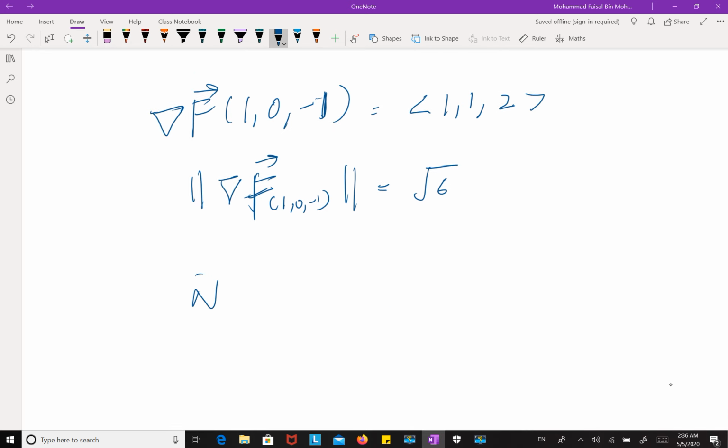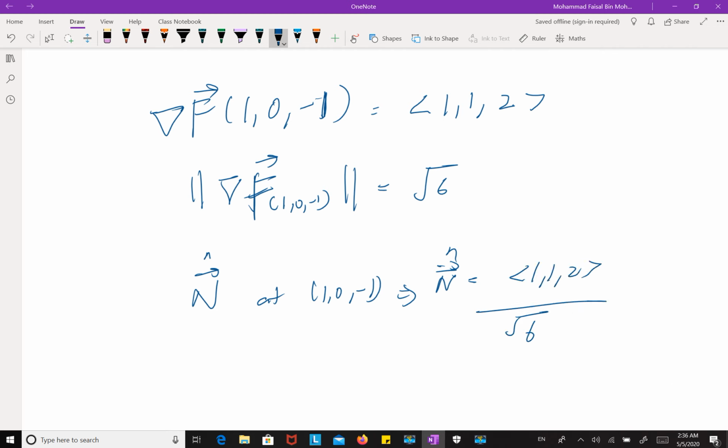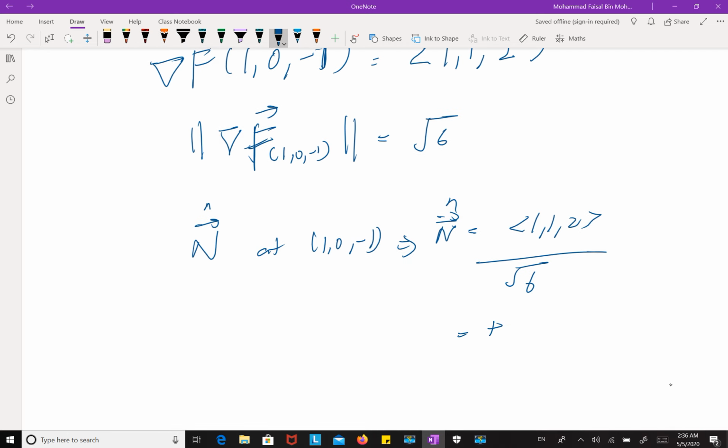So your n at (1, 0, -1) will be (1, 1, 2) over square root 6. So n can be positive and n can be negative at any surface. So you can write plus minus (1 over square root 6, 1 over square root 6, 2 over square root 6).